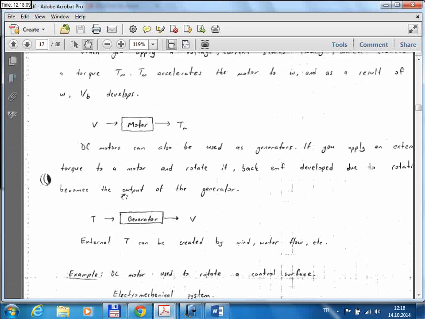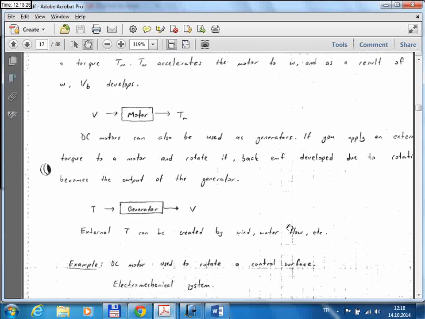The input becomes the torque, so you apply torque externally, and that gives you voltage. And this external torque source can be coming from wind, water flow, etc. So in any wind turbine or hydroelectric turbine, you use the same concept in the opposite direction.